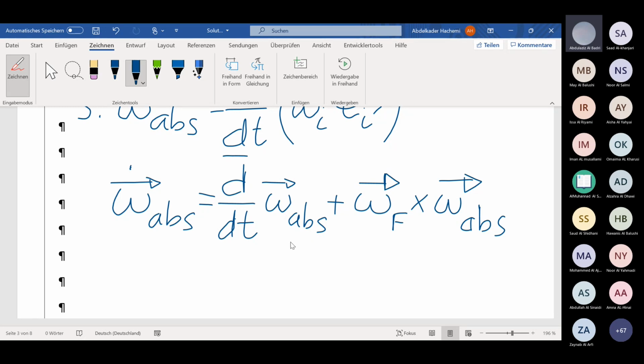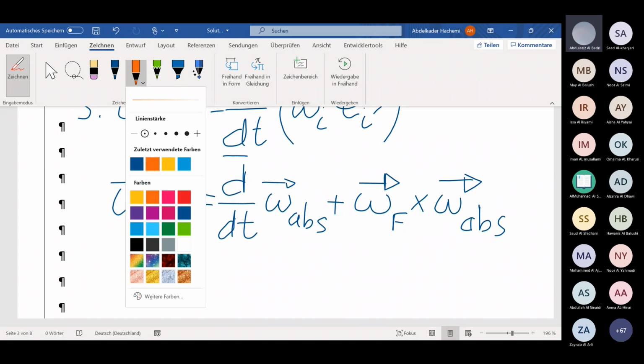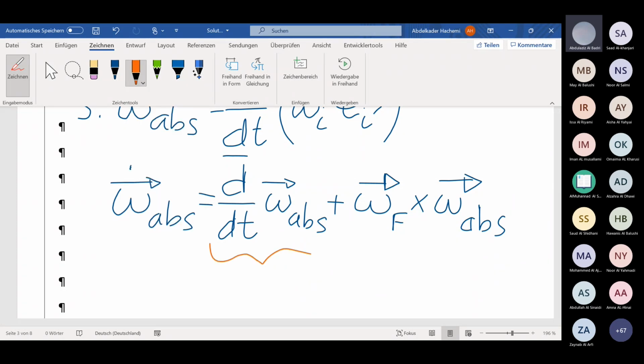If I make the time derivation of this vector, we will get 0, because both omega 1 and omega 2 are given as constant in this exercise. Then this term is equal to 0.